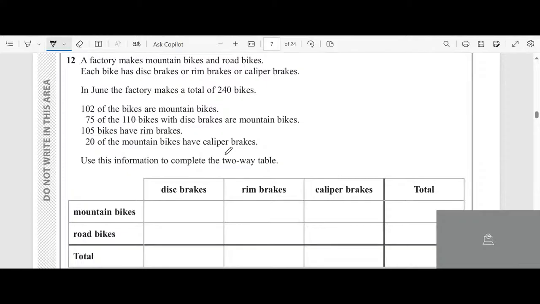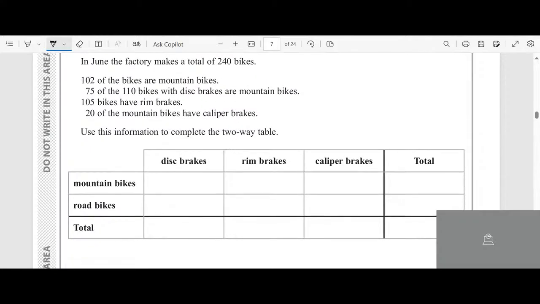So what do we do here? Because we do have a total space for all of them, total versus total, they meet at this box. So everything should be 240. So we are told that 102 of the bikes are mountain bikes. So we have the mountain.